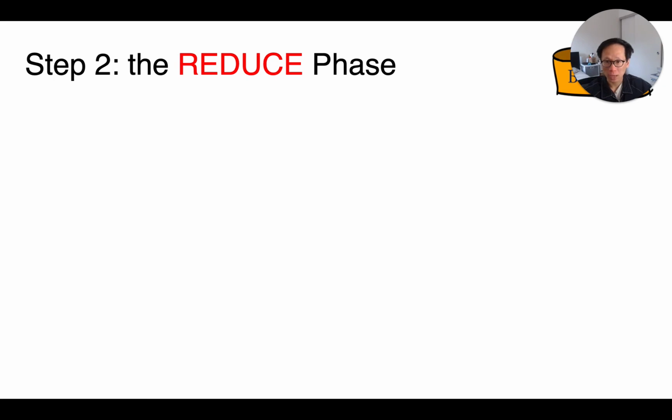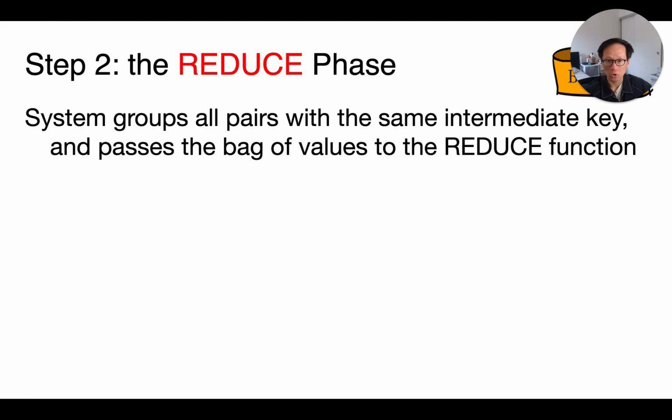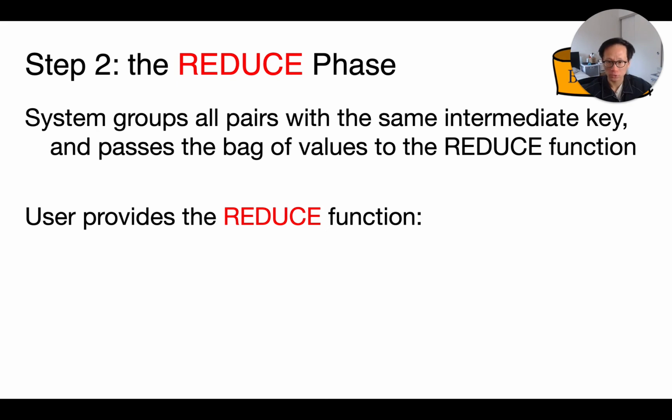And after the mapping phase finishes, the system then groups together all pairs that have the same key value. Each such group is then passed on to the reducer phase. Like map, the user provides an implementation of the reducer.